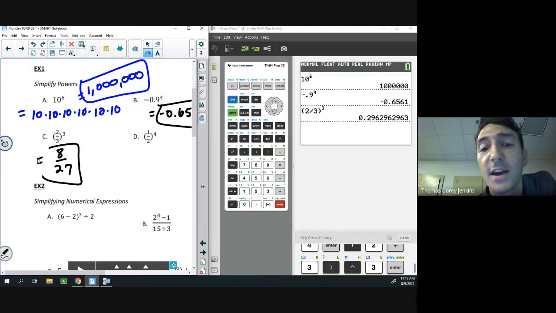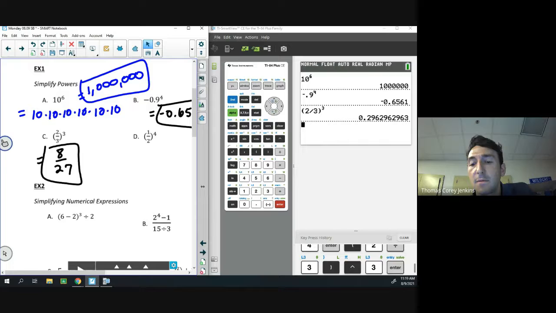Which is really just, if you think about it, not that you would know these by heart, but 8 is equal to 2 to the third power, right? And 27 is equal to 3 to the third power. So that's essentially what we're doing when we take a fraction to a power. Okay? All right. Now, you try D and E on your own, and then we'll go over them.